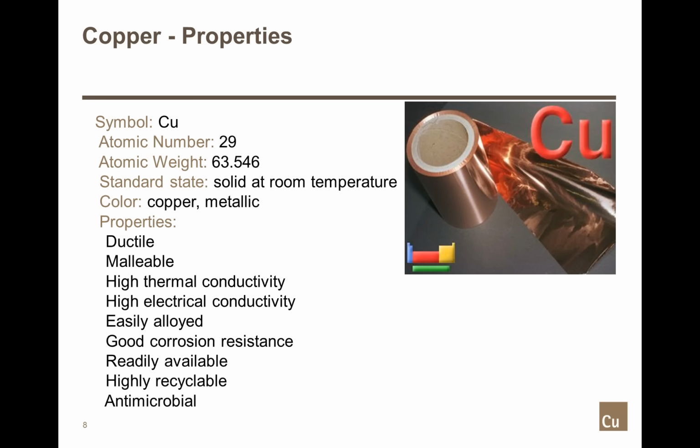It's easily alloyed, as we'll see later in some of the alloy discussion. It has very good corrosion resistance and is used and has been used over the ages in many applications, including seawater applications.